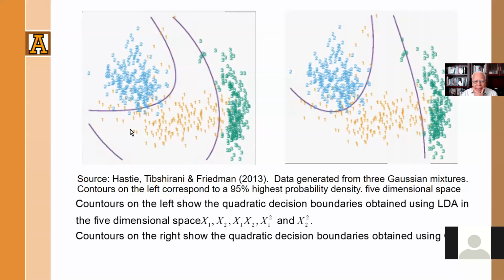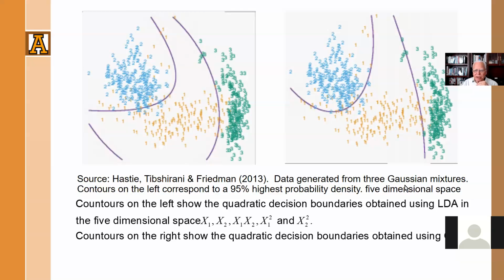This is simulated data, so we know what the right discriminant function is. It's generated from 3 Gaussian mixtures.